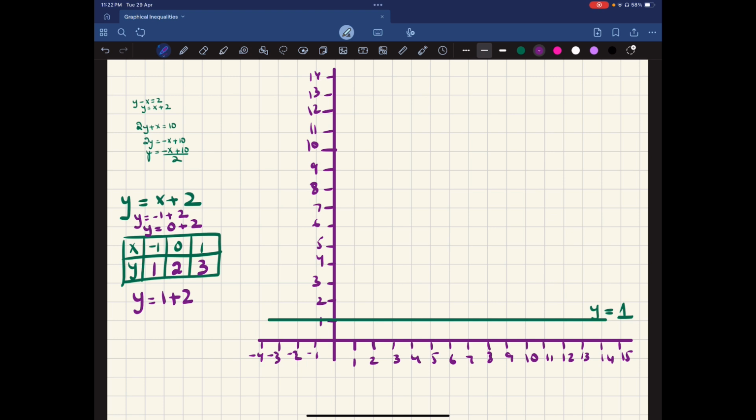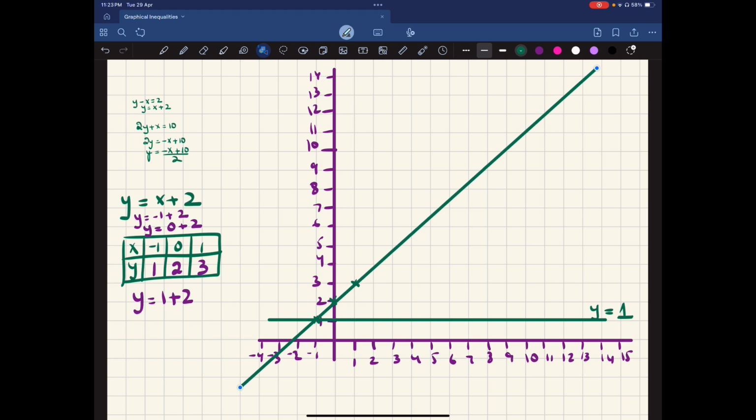Okay, so let's plot these points on the graph. -1, 1 is this. 0, 2, this point. And 1, 3, this point. So you basically just need 2 points to plot a straight line, but we just choose 3 to make sure that we are on the right track. So this is what your equation will look like.